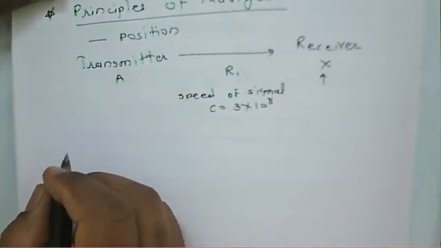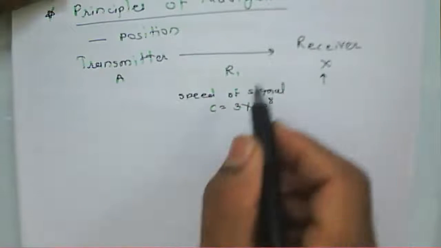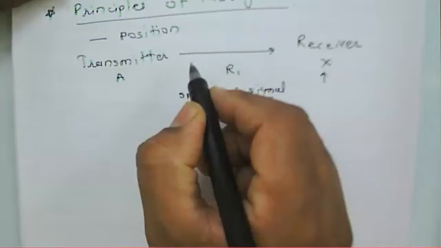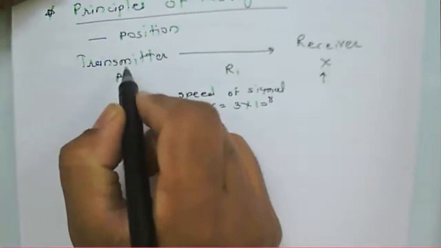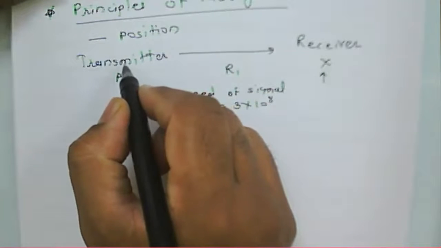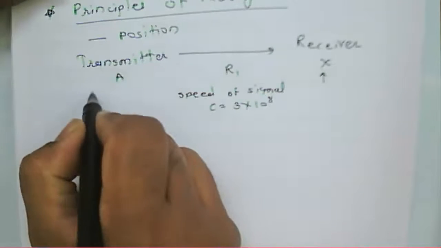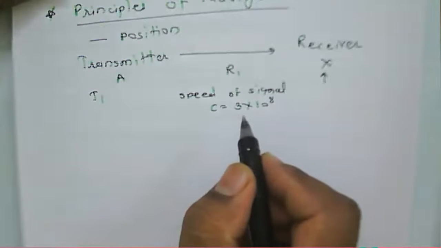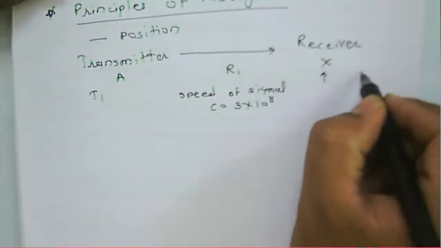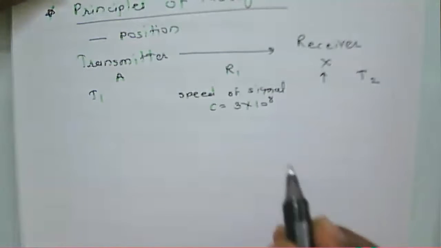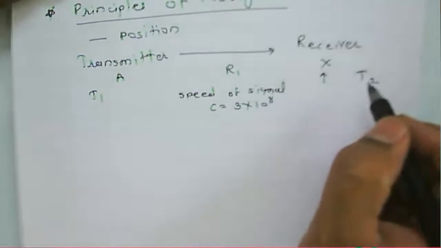The time at which the signal is transmitted by the transmitter is t1, and we receive the signal at time t2.